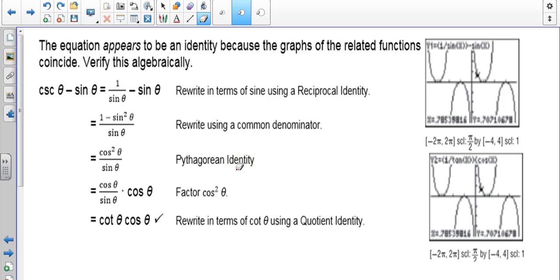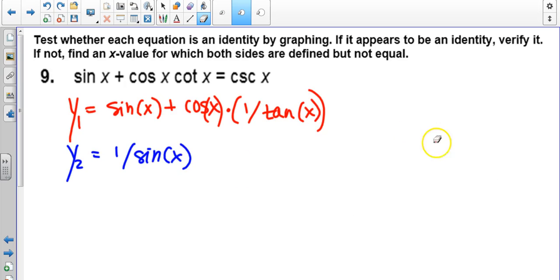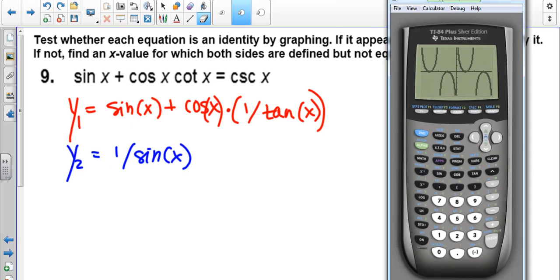All right, let's try this one. Type these in. Did everybody get that bold thing to work? Anybody need help?